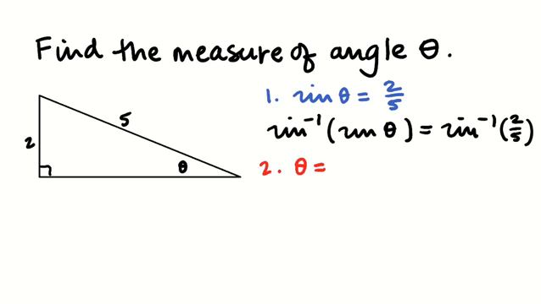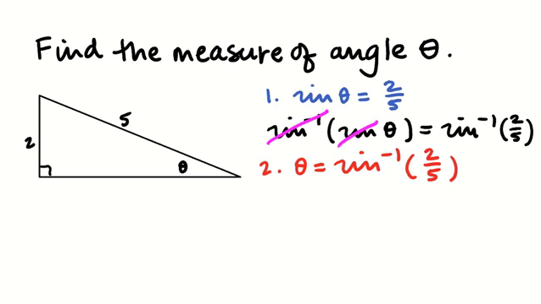Now, the inverse sine of sine, well, that's like the square root and squaring, or e to the x and natural log of x. They undo each other. And I could say theta is equal to the inverse sine of 2/5.